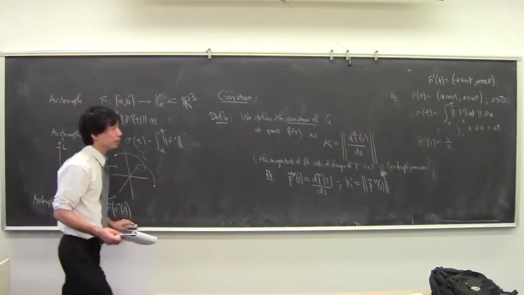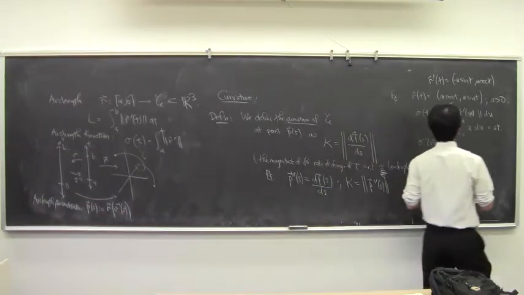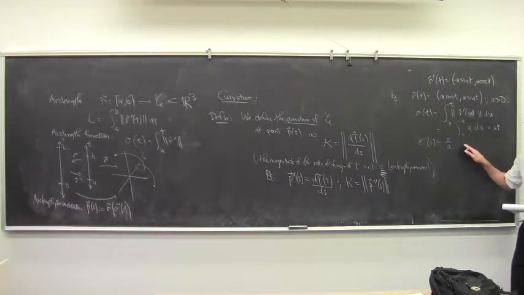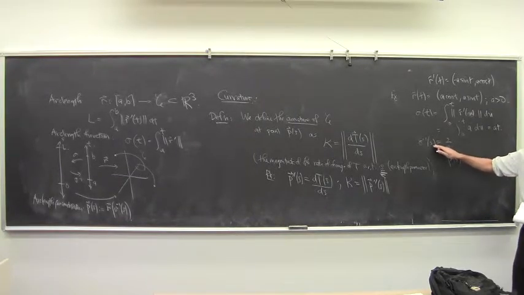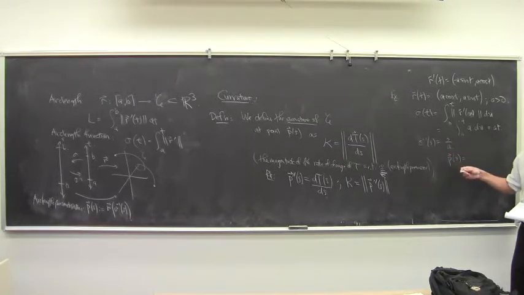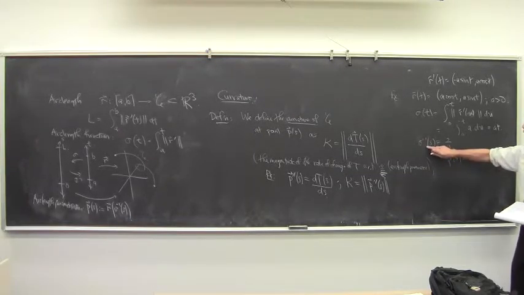Okay, and then what? How do you create your arc length parameterization? Is it too obvious? So we've just found the inverse for the arc length function, right?